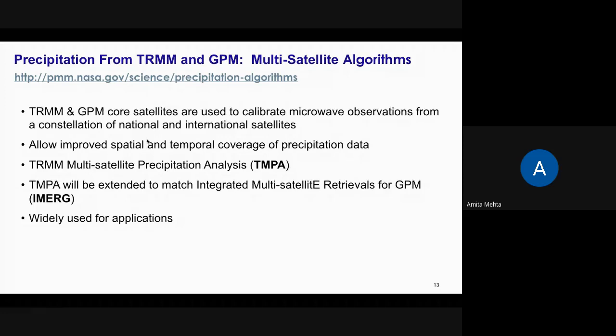Based on these multiple satellites, an intercalibrated multi-satellite product is produced, and that's called the TRMM Multi-satellite Precipitation Analysis, or TMPA.